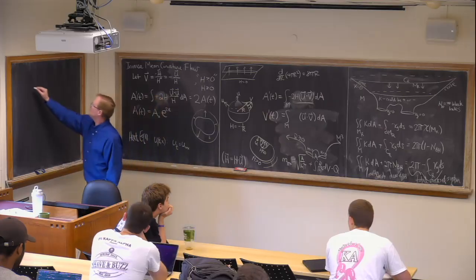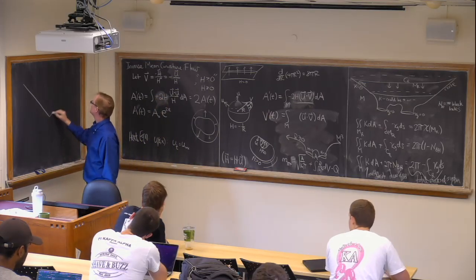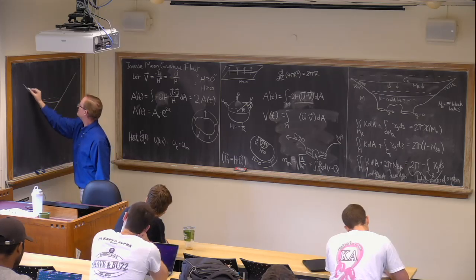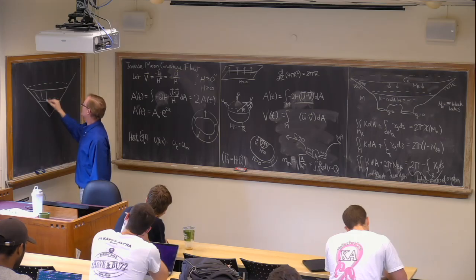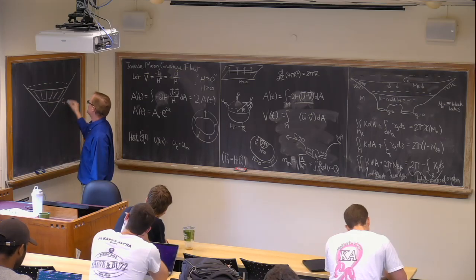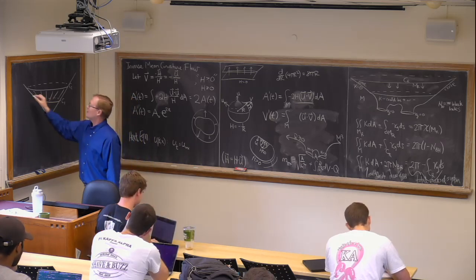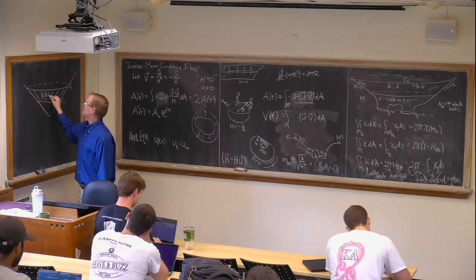If you look at a cone, here's one circle on the cone, and here's another circle on the cone. Now we look at this annular region between the two circles. Let's call this C1 and that C2. Here's the key point about a cone: it has Gauss curvature equal to 0.